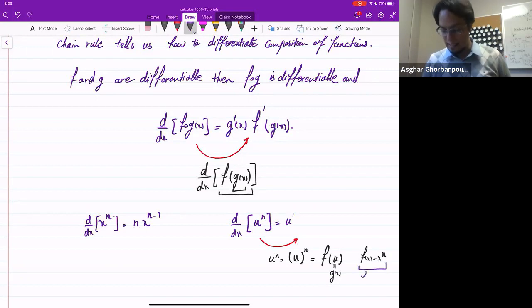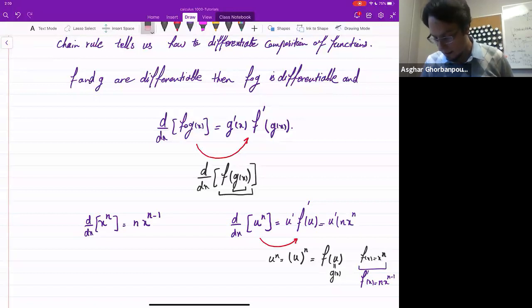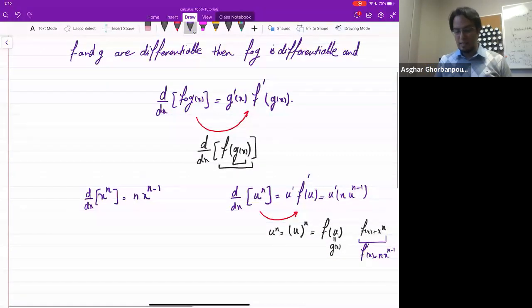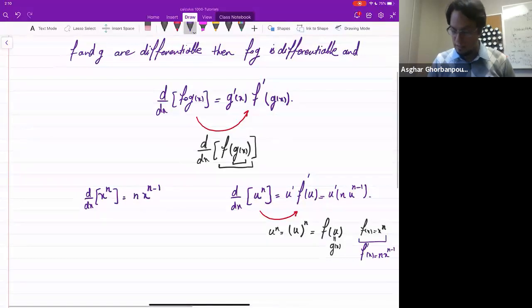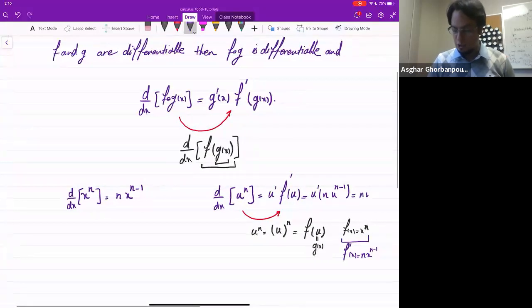The derivative of the outer one is f prime evaluated at u, and f prime is n x to the power n minus 1. You have to evaluate that at u, which means that instead of x, you put u there. That means now you have more tools. Let me write this: n u prime u to the power n minus 1.